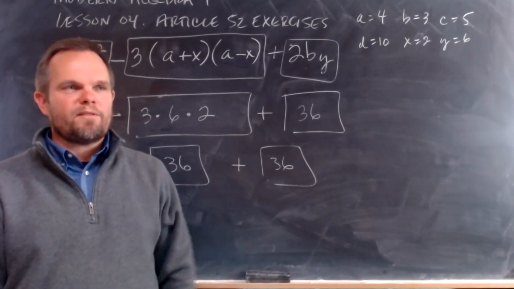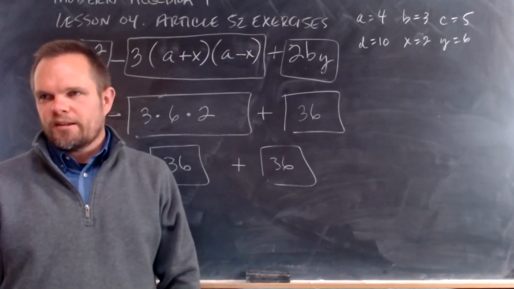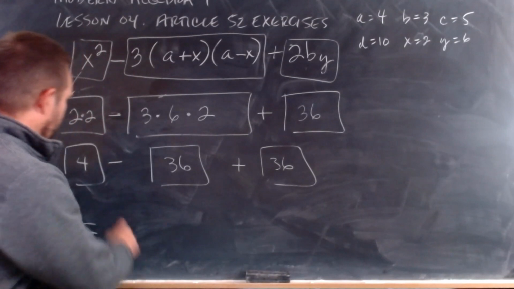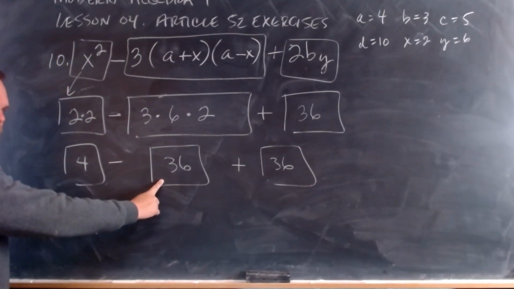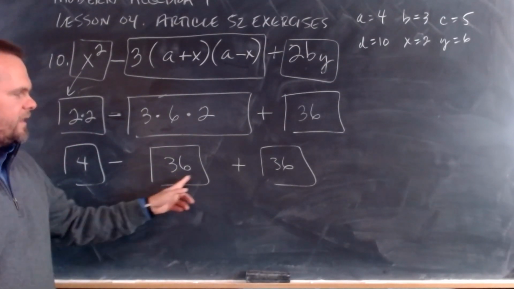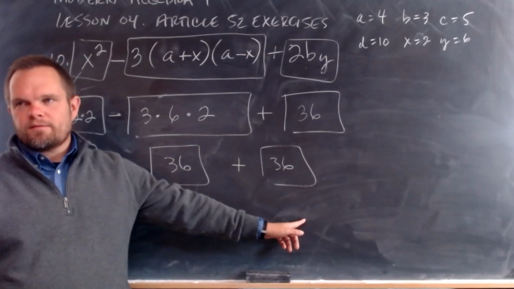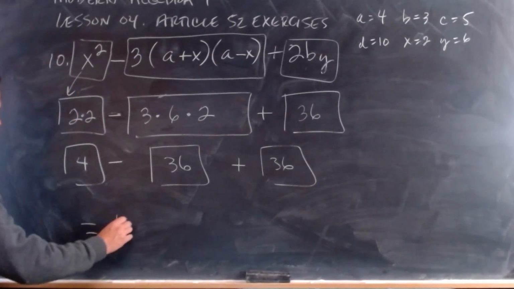Not only do you have not the 4, but you also lost 32 more, right? 4 minus 36 is negative 32. What's negative 32 plus 36? Positive 4, right? So the answer is 4.